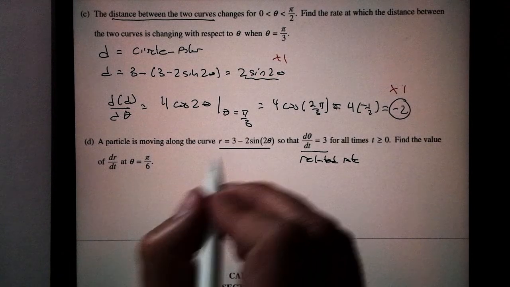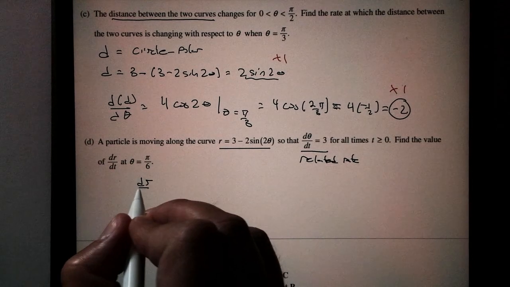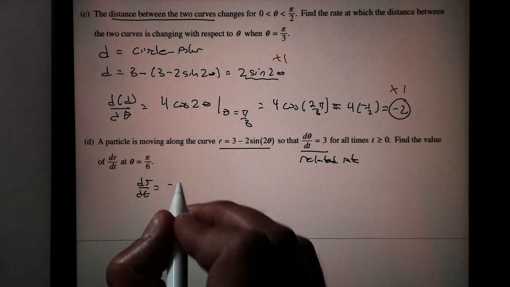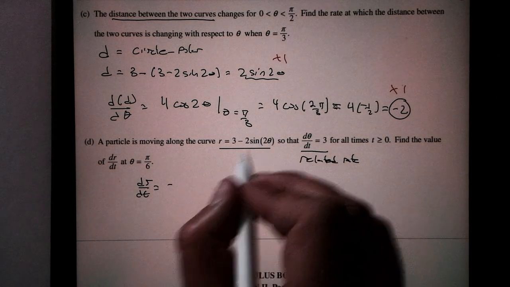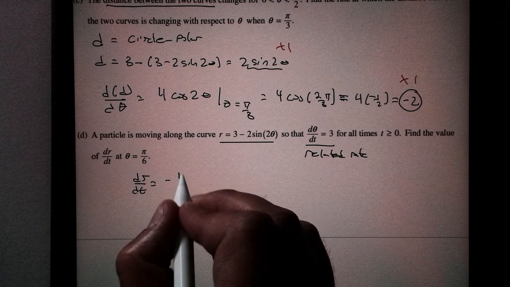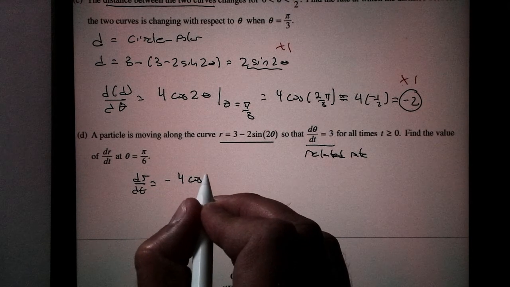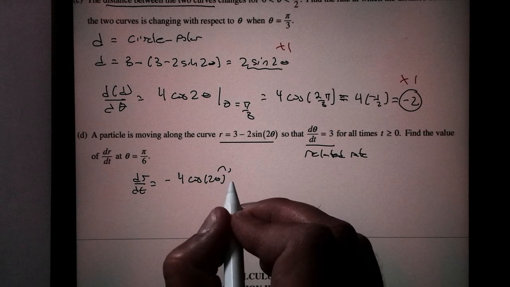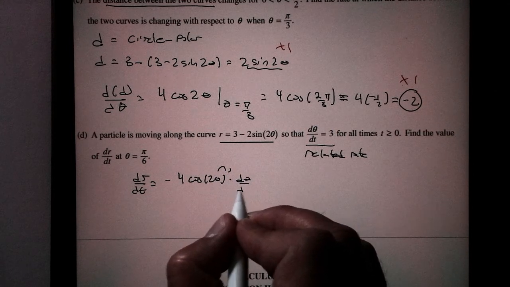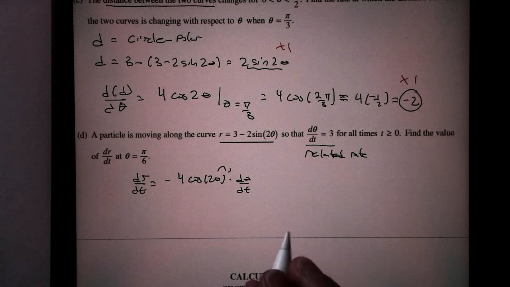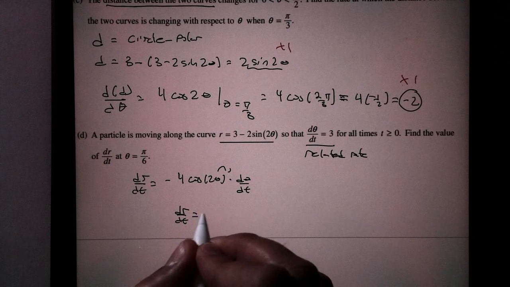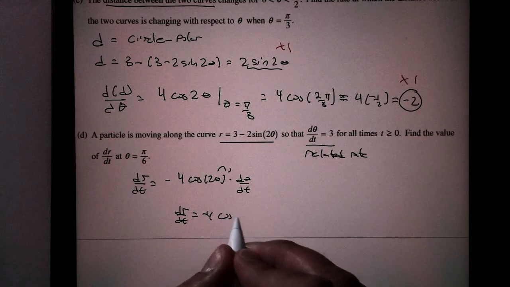If I know r is this, I know dr dt is just going to become 0 minus, take the derivative of here, this becomes 4 cosine of 2 theta, don't forget chain rule, times d theta dt, and there's our derivative. And then we just plug in everything. So dr dt equals negative 4 cosine.